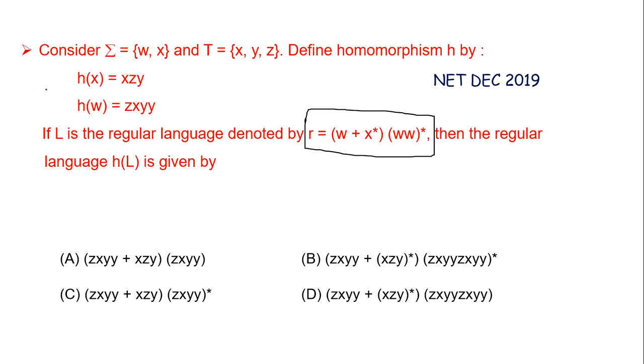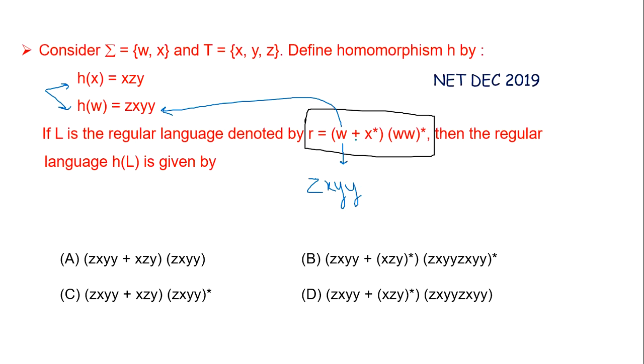We are given two homomorphic functions. One is on X and one is on W. So our first alphabet in the regular expression is W. So we will replace this W with h of W. Now what is h of W? This is our second homomorphic function, that is z, x, y, y.